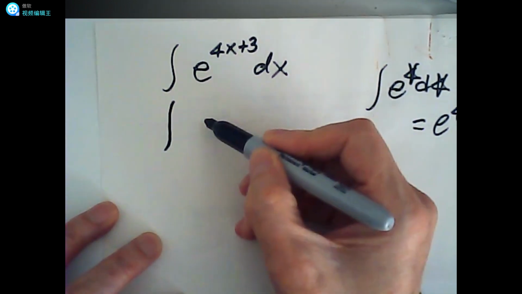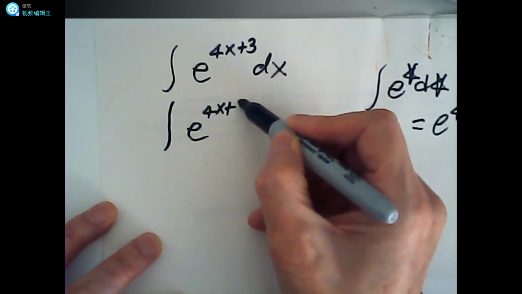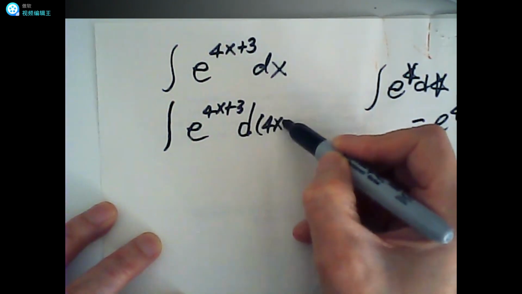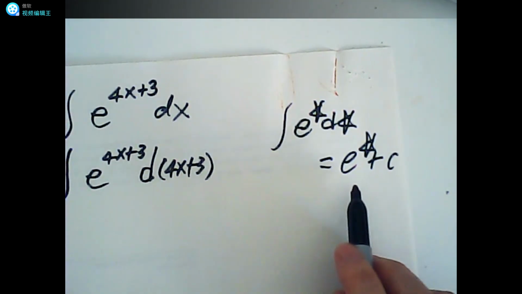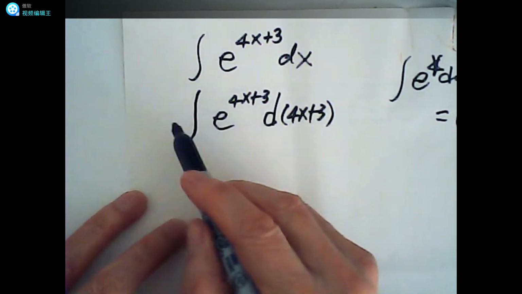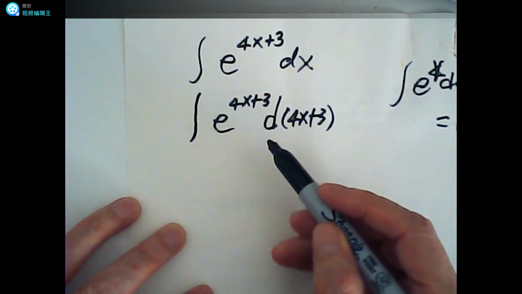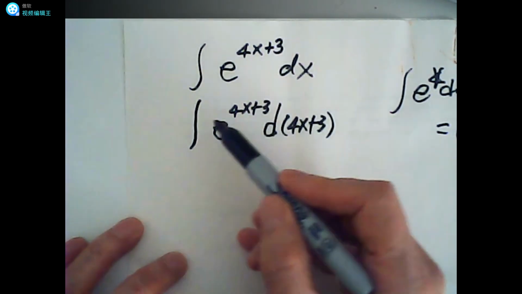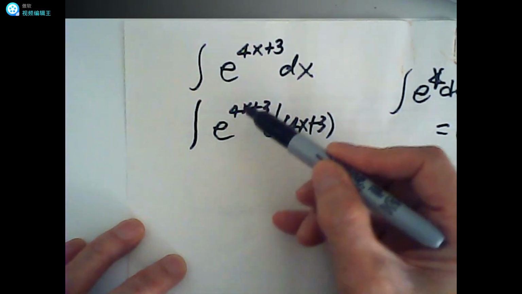So this is the integral of e to the 4x + 3 d(4x + 3). This is what I want for that formula. And since I'm not writing the equal sign, I can write anything. Of course, since we are doing this integral, we have to consider the equal sign back. So this is equal to this.